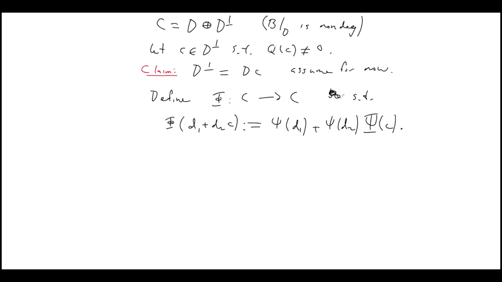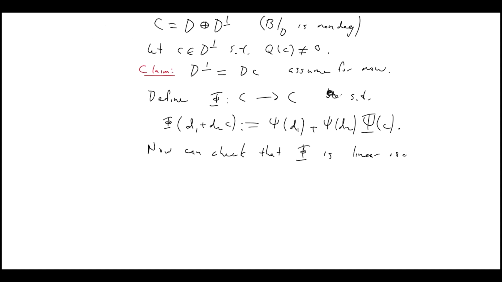And so now we can check that this capital Phi is a linear isomorphism. That's not so hard. And also a K-algebra homomorphism.